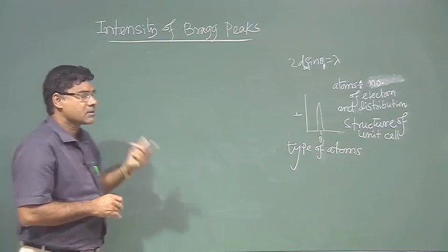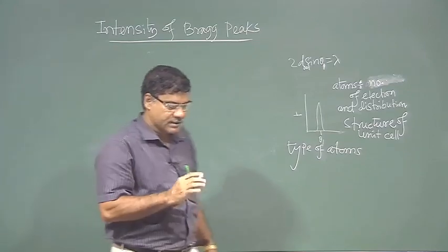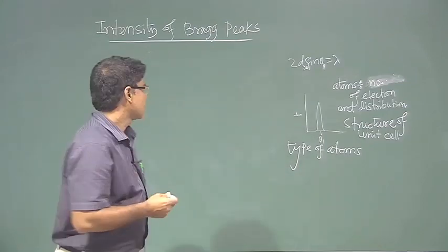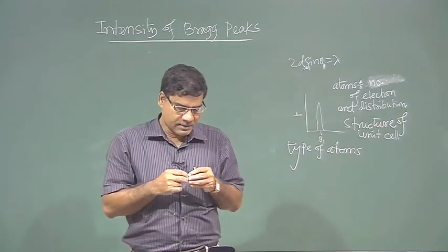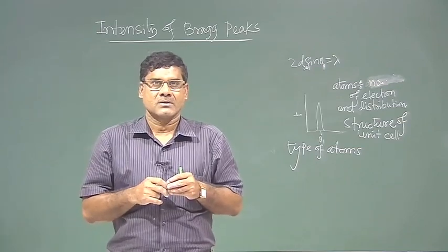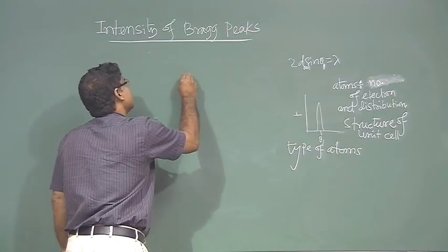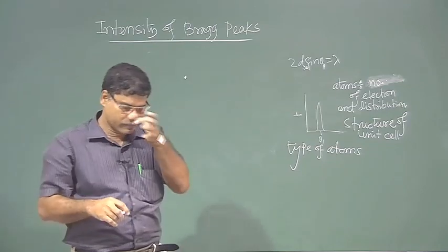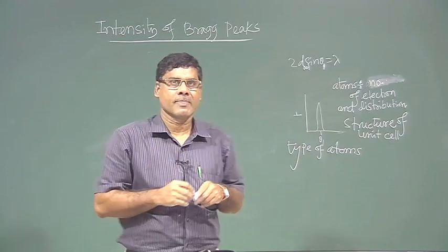So, when X-ray falls on this material, actually it is the interaction of X-ray with the electrons. That means X-ray is scattered by the electrons. In general, if I talk about the scattering center, it can be an electron, an atom, a charge density, whatever. Okay.